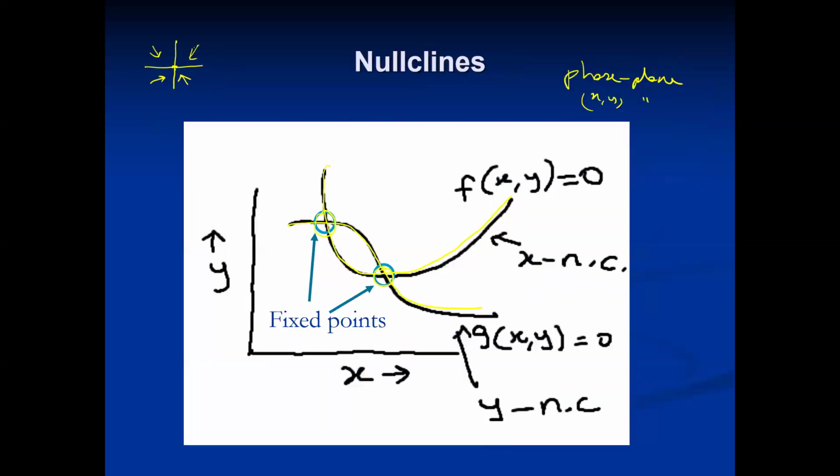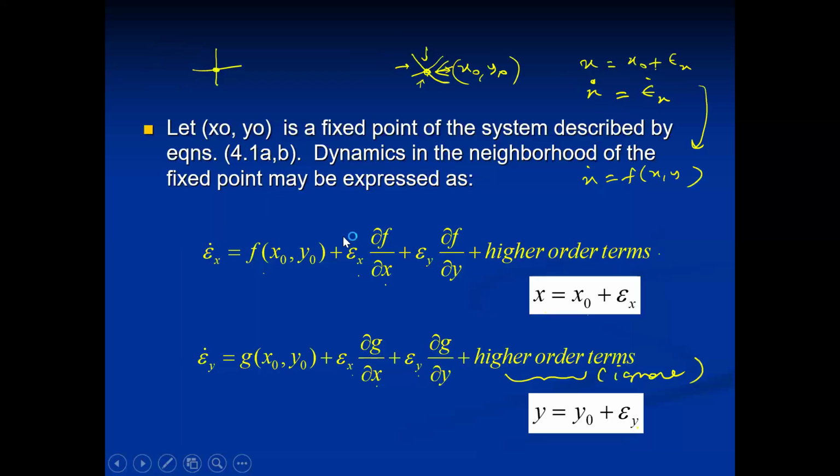So let us assume that (x naught, y naught) is a fixed point. So f of (x naught, y naught) is equal to 0 by definition because it's a fixed point. Now what we do is we expand this as a Taylor series.